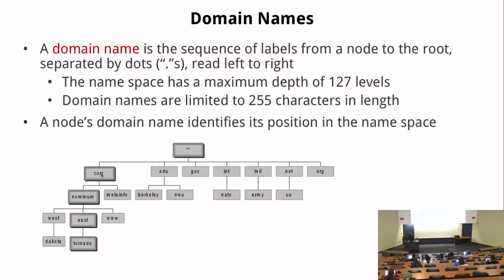At the first level, we have com, edu, gov, mil, net, those kinds of things. Under those, we have different company names. Under edu, we have different university names. So when we read them, we read from the leaf to the root node. For example, this one would be berkeley.edu. That will be a domain name.